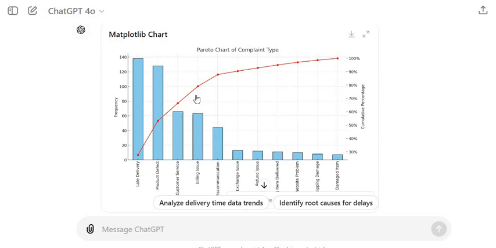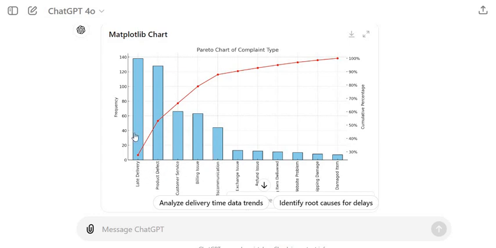A Pareto chart is a combo chart which has both a bar chart and a line chart. The bars of the bar chart show the frequency of individual complaints, and the line chart shows the cumulative frequency or cumulative percentage of these categories.